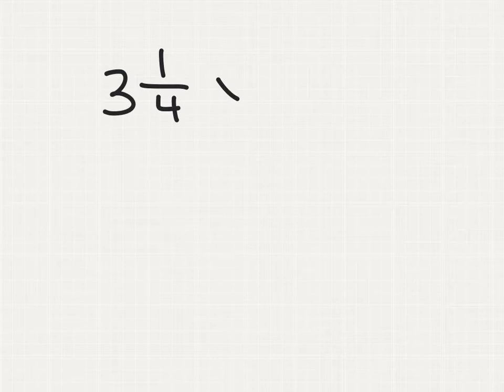So far, I've showed you how to multiply 2 fractions, and I've also shown you how to multiply a whole number times a fraction. So what happens if now I have a mixed number times a fraction? Well, in order to multiply fractions, I need to have 2 fractions.